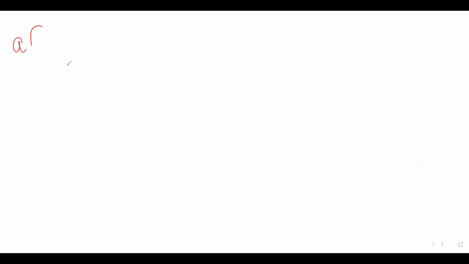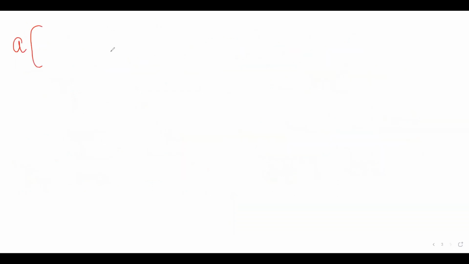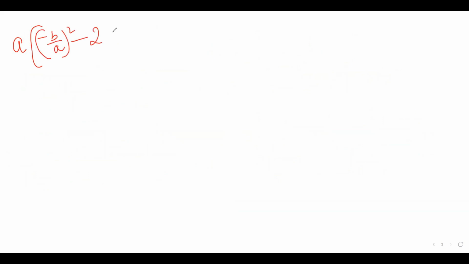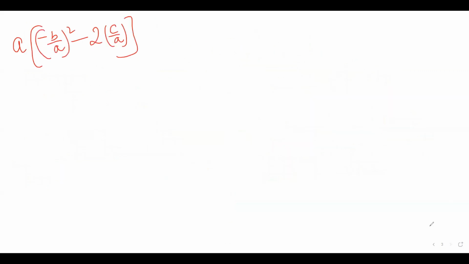A into alpha plus beta whole square is minus b by a whole square, minus 2 alpha beta. Alpha beta is c by a. That's it. Plus b into alpha plus beta is minus b by a.